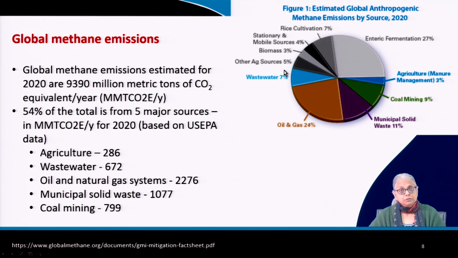Wastewater treatment ends up releasing 7%, and agricultural management, manure management, releases about 3%. Okay, so these are what are called controllable sources of methane that can be controlled to reduce global methane emissions.